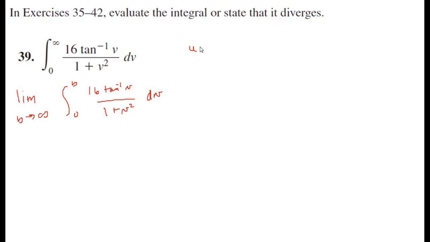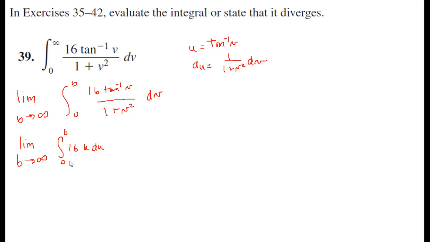Now, in this case, we're going to solve this integral using a u substitution, and our u substitution is going to be the inverse tangent of v. Why the inverse tangent of v? Because its derivative, which is 1 over 1 plus v squared dv, shows up right here. And so our rewrite becomes the limit as b approaches infinity of the integral from 0 to b of 16 u du.